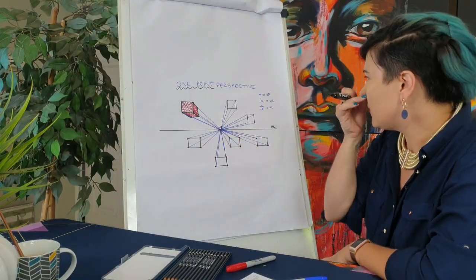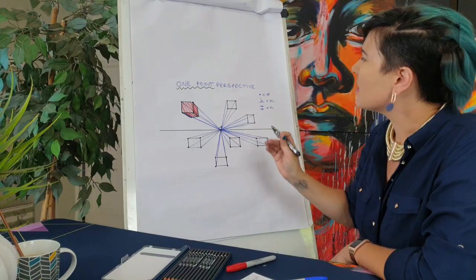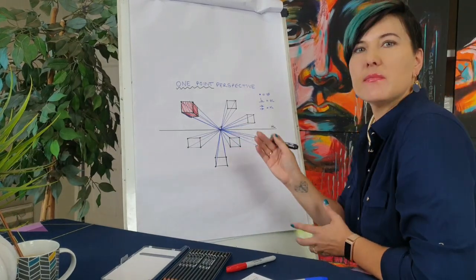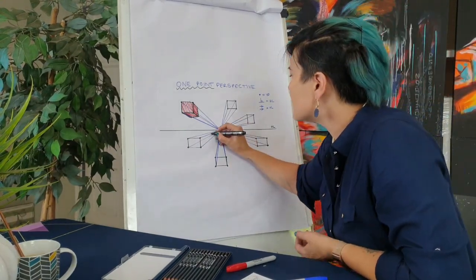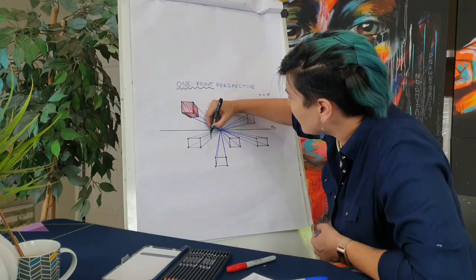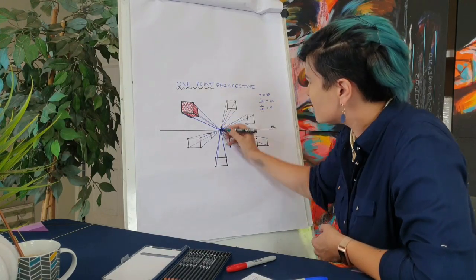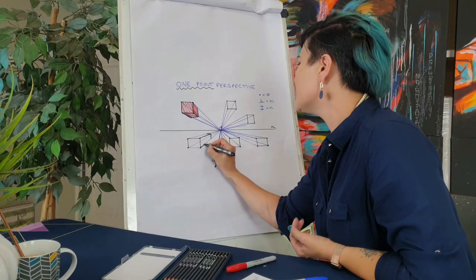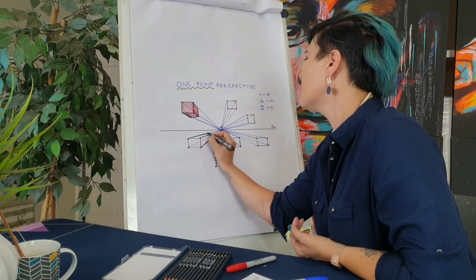Brought all 3 rules into practice, and we are now going to decide the width of these squares. We can make them wide, we can make them long, we can make them short, it doesn't matter, as long as we still follow the rules: perpendicular, horizontal, and then those points go to the vanishing point.